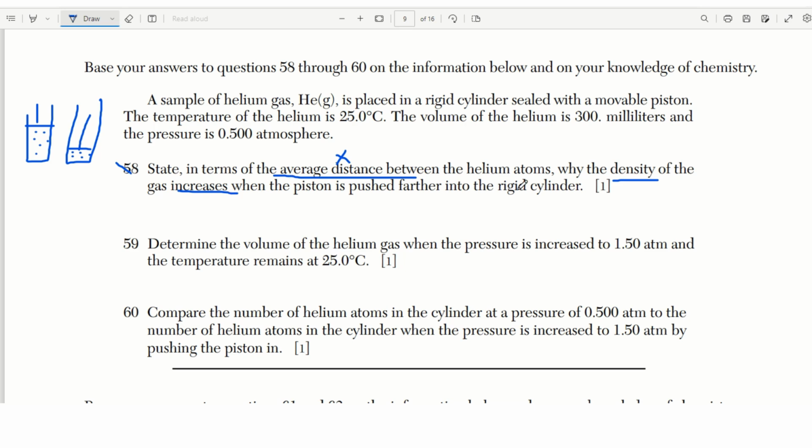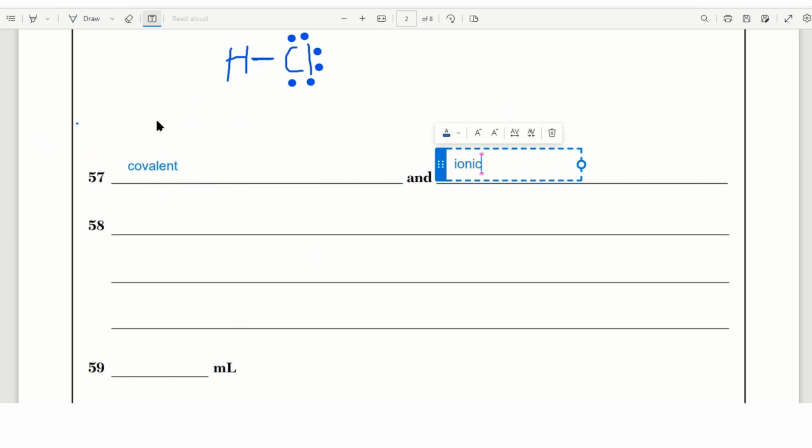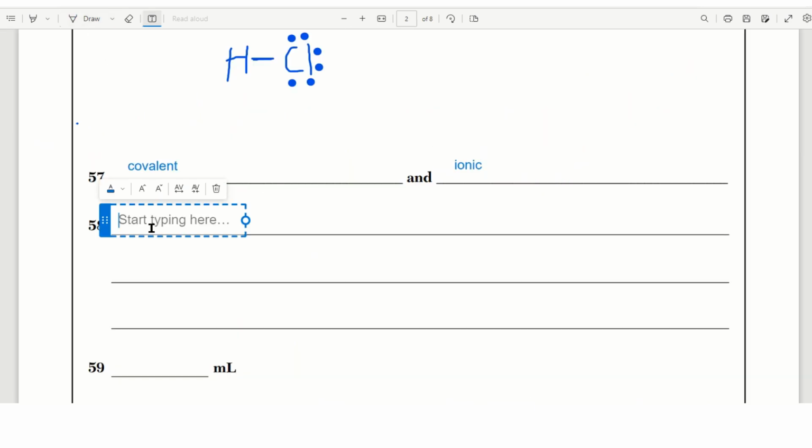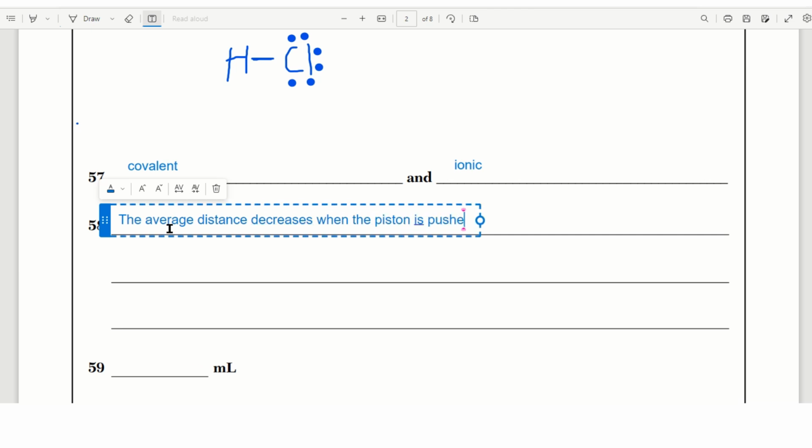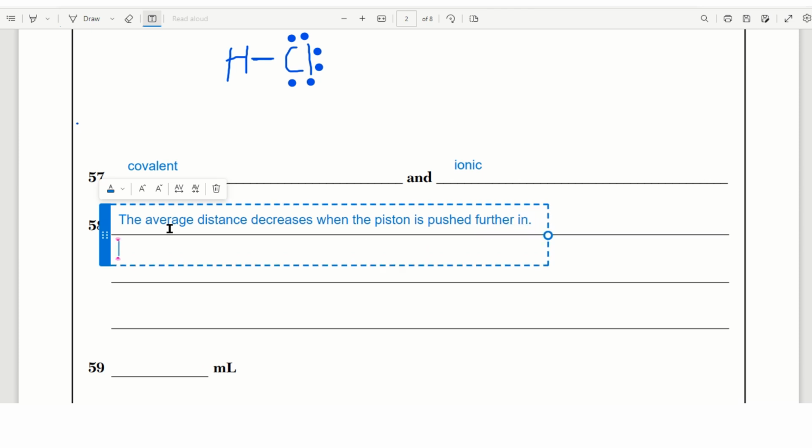So what happened to the average distance? The average distance decreases when the piston is pushed further in, okay? The average distance decreases.